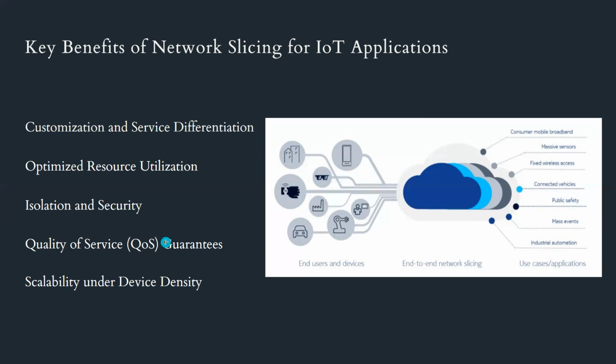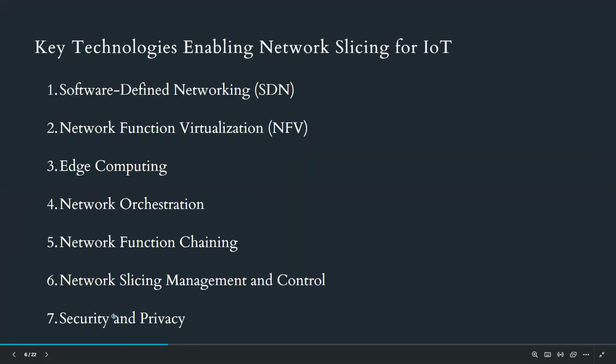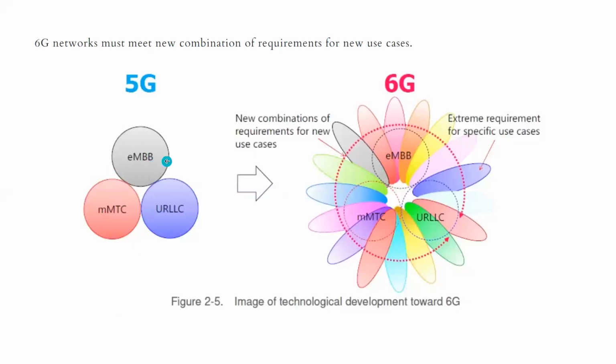We discussed different requirements like EMBB, MMTC, and URLLC. Different devices in our IoT networks might need different user services. One can sometimes need EMBB services, one can need URLLC services, and another one can need MMTC services.